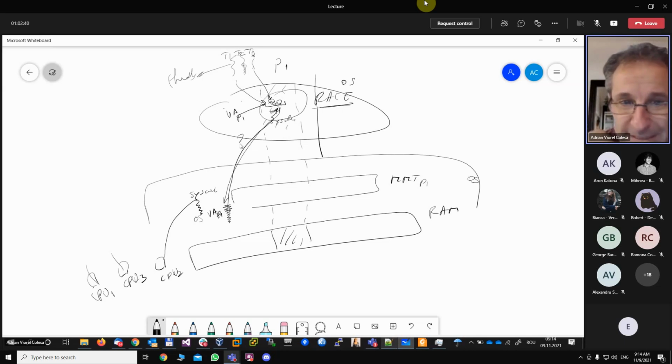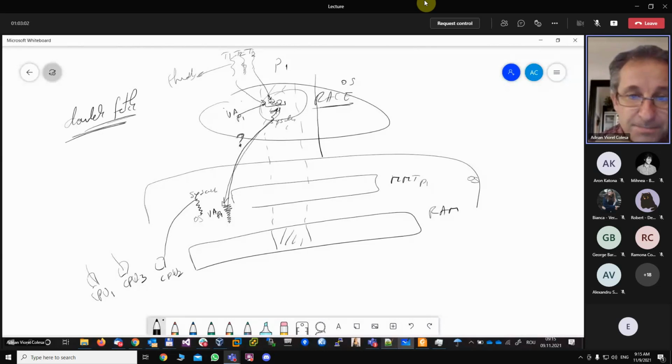That should raise some questions, some warnings about situations like that. This is called, in the security world, a double fetch vulnerability.